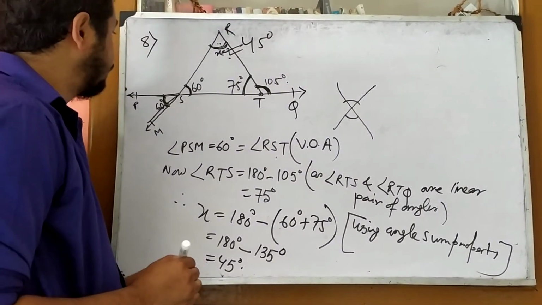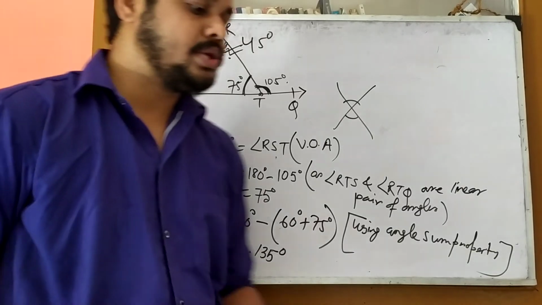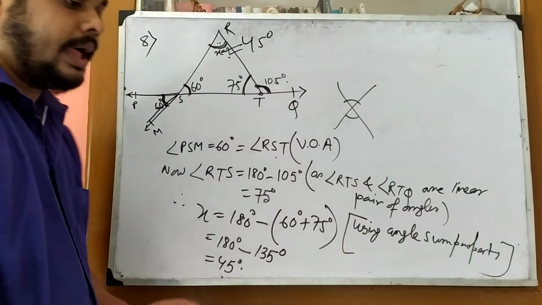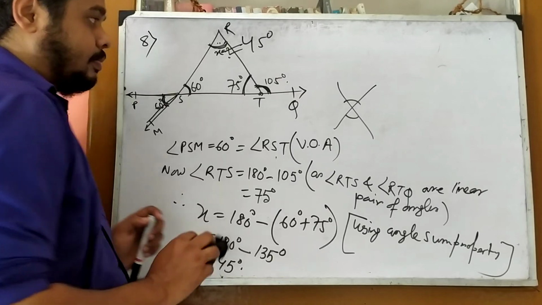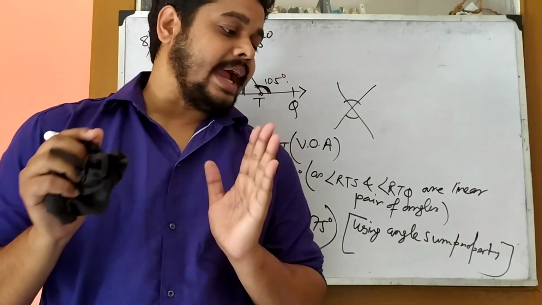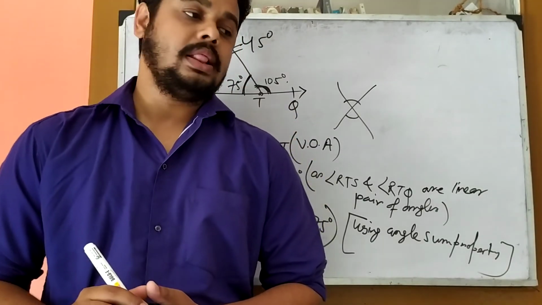Now we are coming to problems number 9 and 10. Problem number 9 is: define adjacent angle with example.